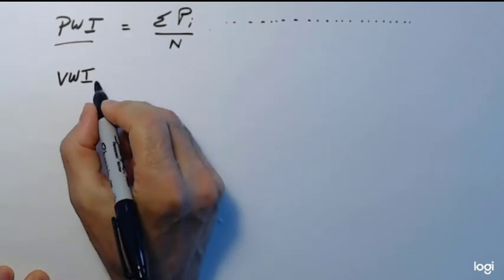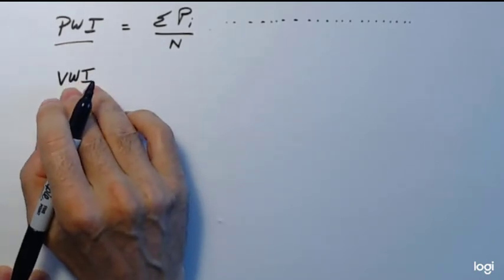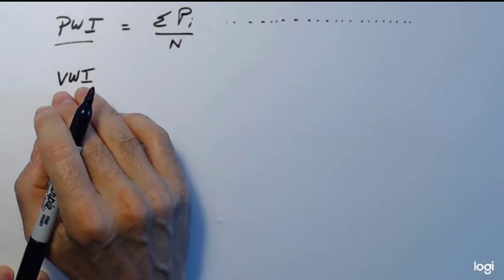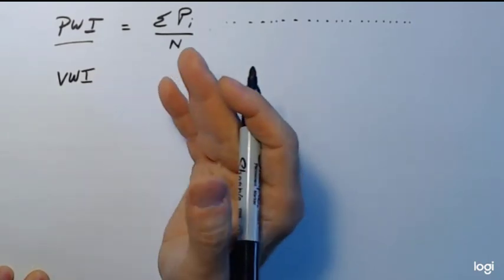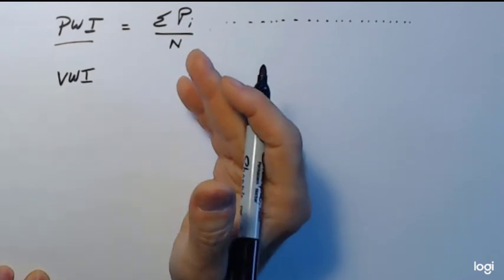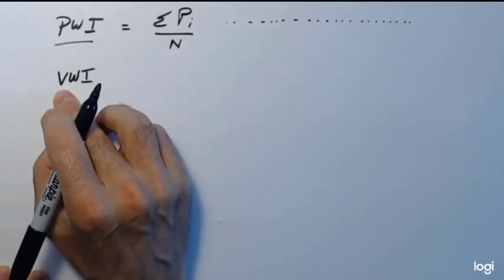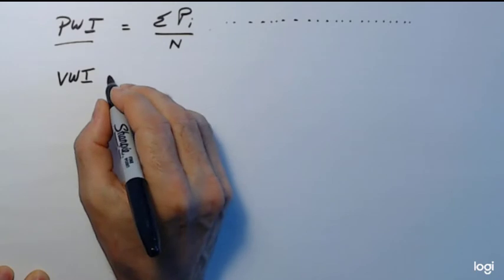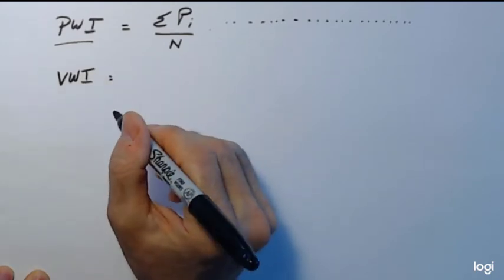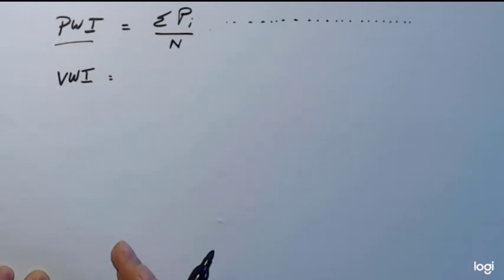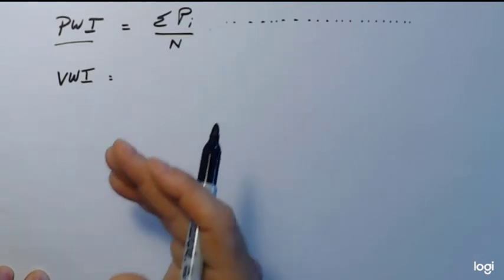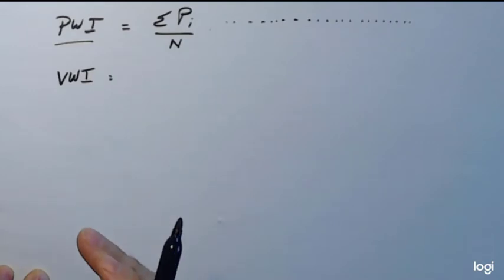When the world of finance creates new indexes, and you can just create one yourself, make your own index up, they're value weighted, and value weighted means the weights of each company depends on the market value of that stock relative to the market value of the entire portfolio of stocks that are in the index.